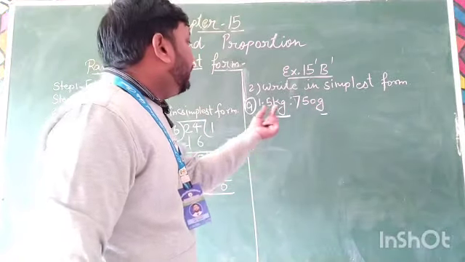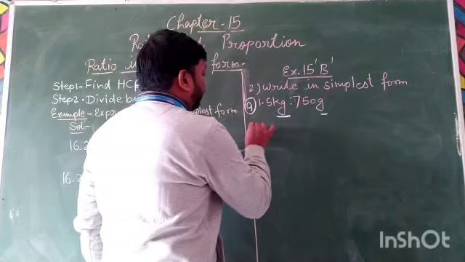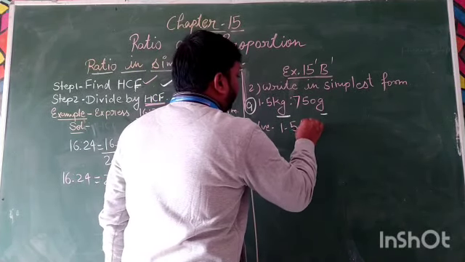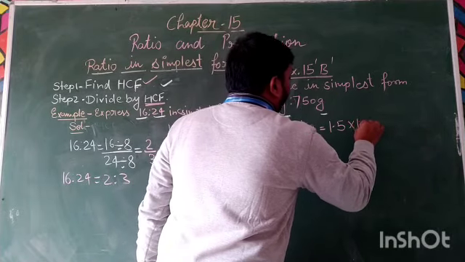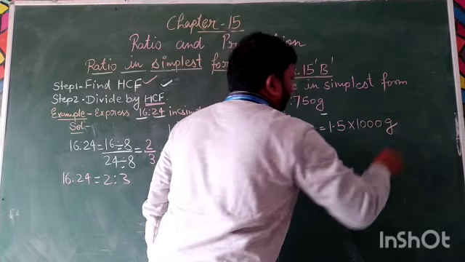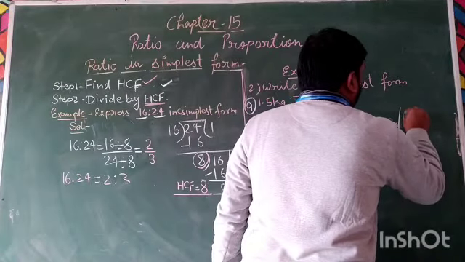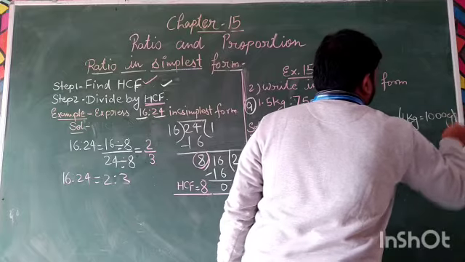So we convert kilogram into gram. If we solve this question, we write 1.5 kilogram is equal to 1.5 into 1000 gram. Why 1000? Because we know that 1 kilogram is equal to 1000 gram.